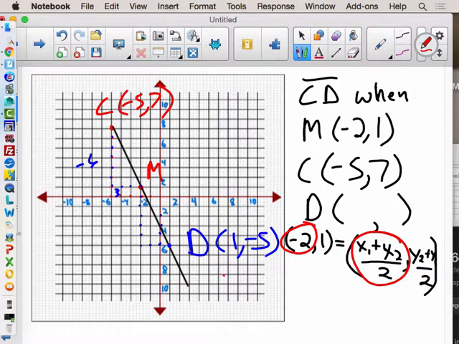So I'm going to write over here, -2 should equal x sub 1. Well, this is my x sub 1, right? And this is y sub 1. It should equal x sub 1, which is -5, plus x sub 2 all over 2. And we just have to solve for x sub 2, right? So let's do that. Multiply both sides by 2.